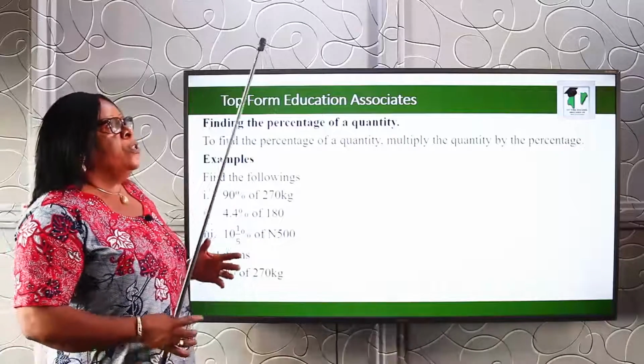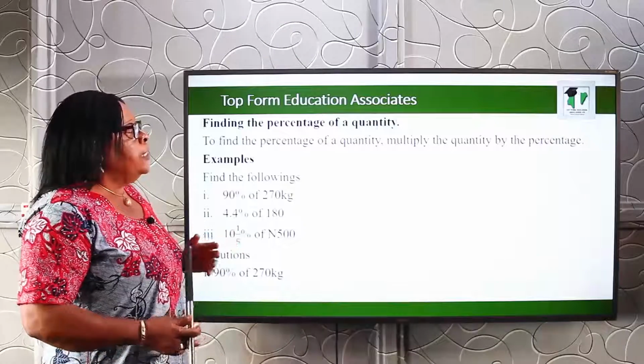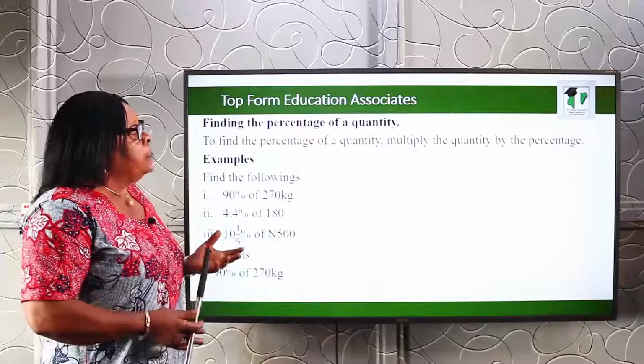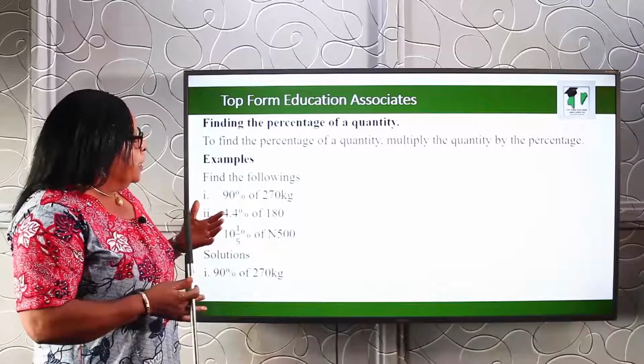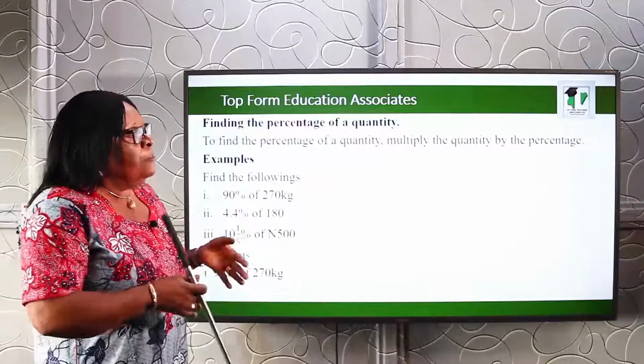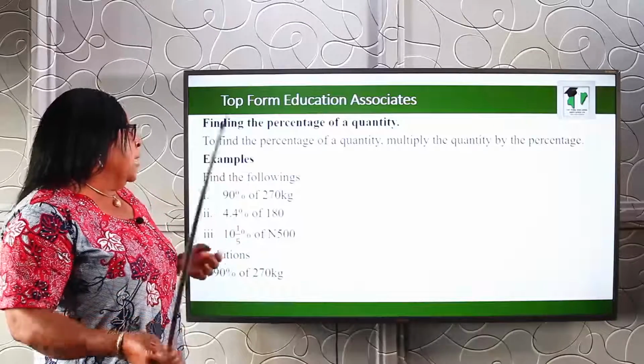If the question says find the percentage of 2 kilometers, a particular given percentage, you just multiply that percentage by the 2 kilometers. Let's look at examples.